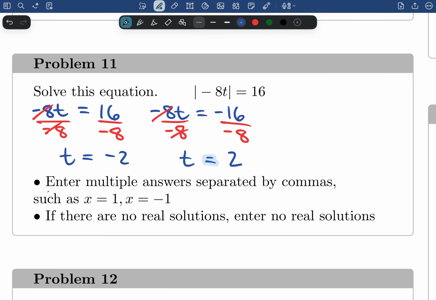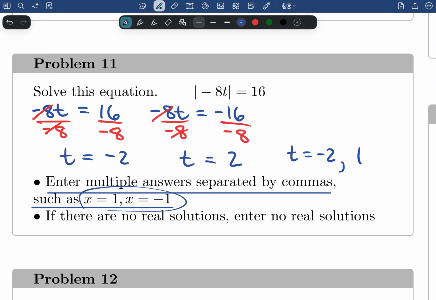Right? So the way I have to report my answer is to separate my answers with commas like this. This is the format right here. And so I'll write t equals negative 2, comma, t equals positive 2. Done. This is how I'll report my answer.